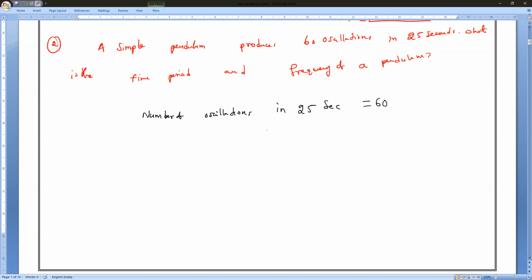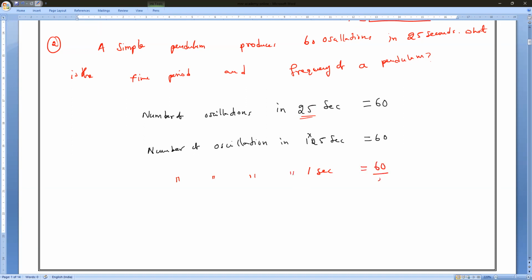Now can I write this as number of oscillations in 1 into 25 seconds is equal to 60? Any problem for anybody? Can I write 25 as 1 into 25? Yes or no? Then number of oscillations in 1 second, the 25 is in multiplication.